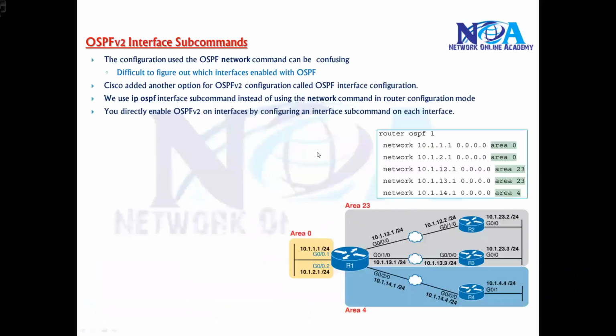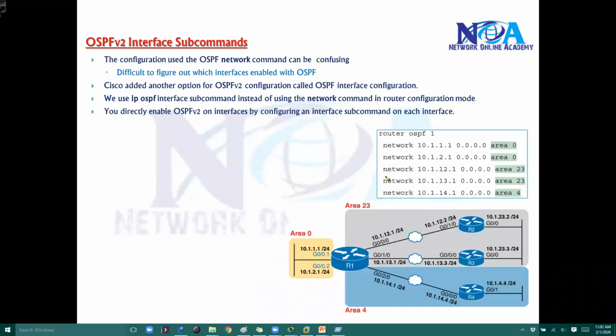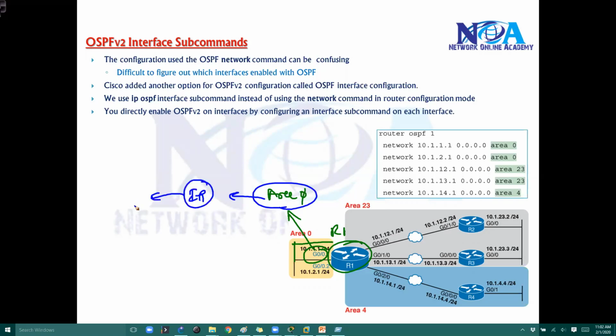But again, the problem with this configuration method is you need to figure out, like in this topology, if I want to advertise this particular interface in area 0, then I need to figure out the interface IP address. And I need to figure out whether you want to advertise the complete subnet or just an individual IP. Because generally on the WAN interfaces, we advertise only one IP, that is sufficient, or advertise the complete subnet, it's up to you.